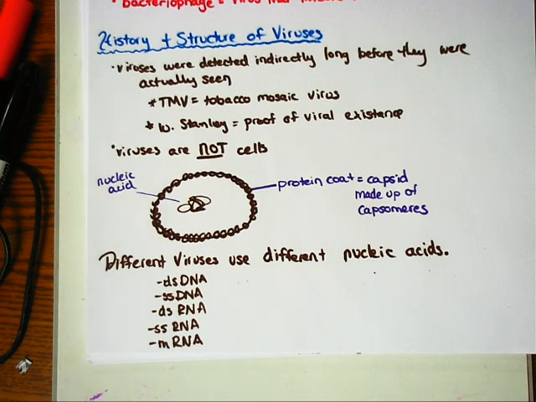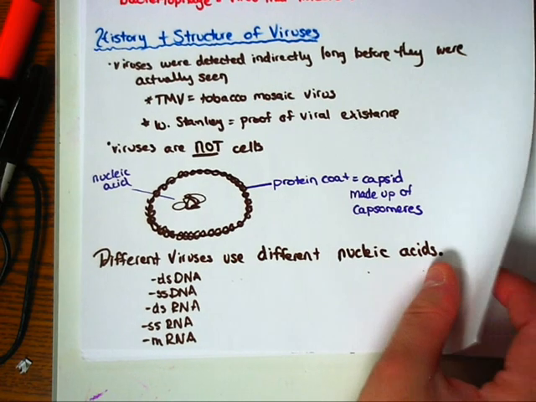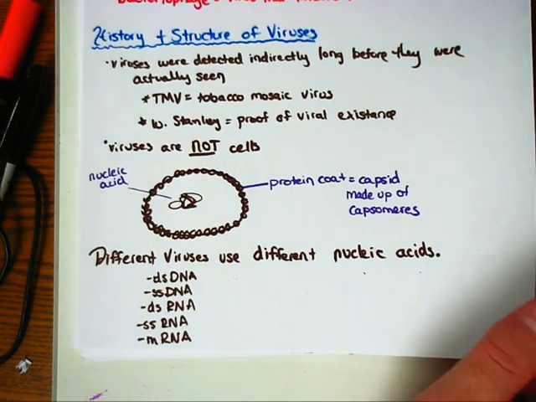Now, again, this is the bare minimum. There are sometimes other things that we could find around a virus. Some of those are called viral envelopes, which are found on the outside of a virus.